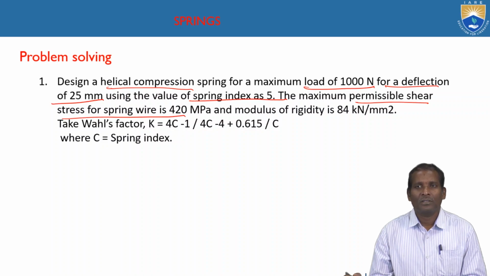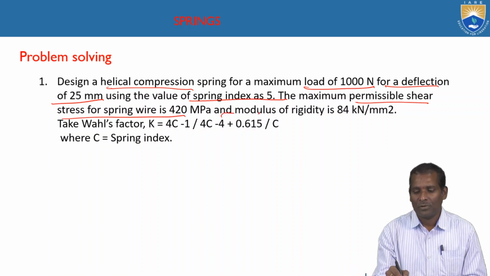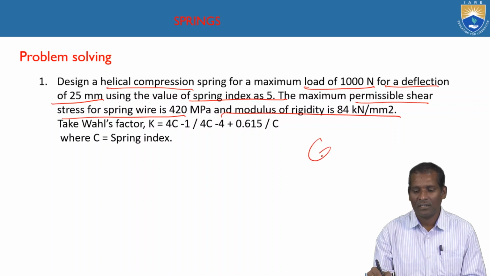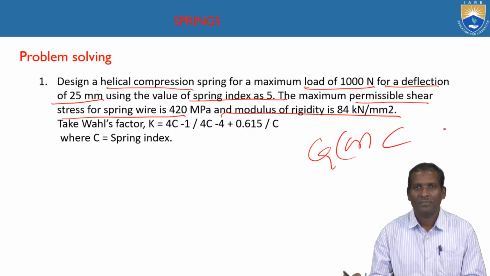And the modulus of rigidity is 84 kilonewton per mm square, denoted by G. So we will see the problem and solution now.